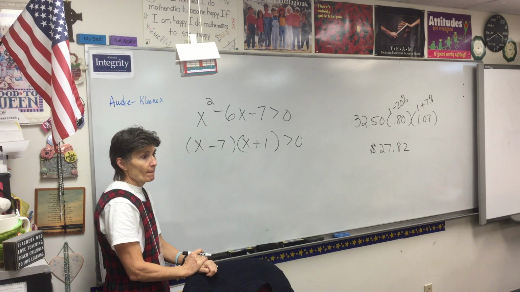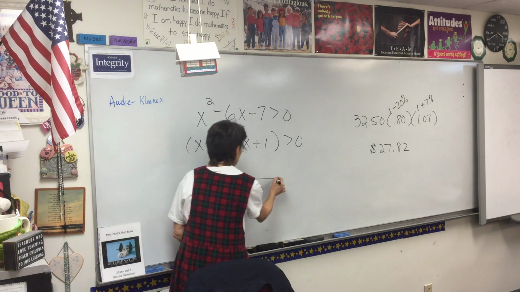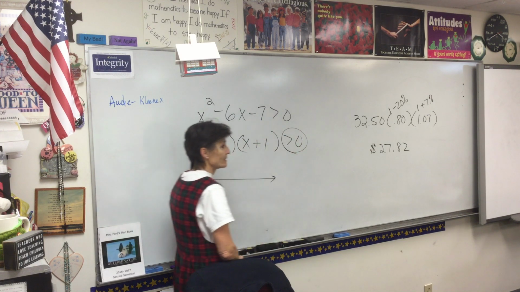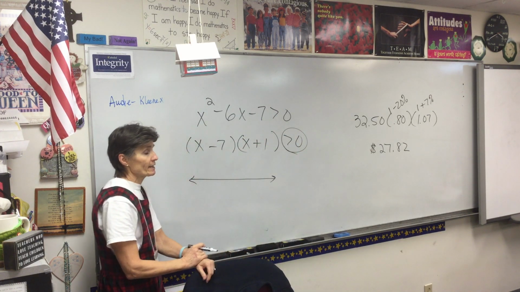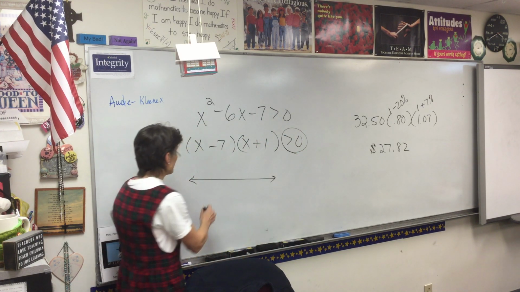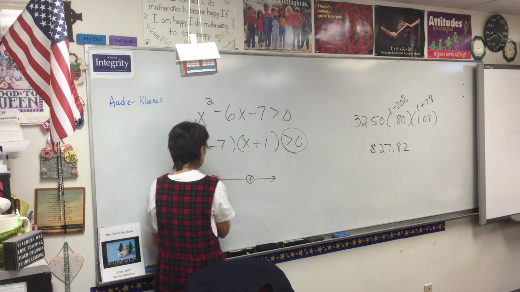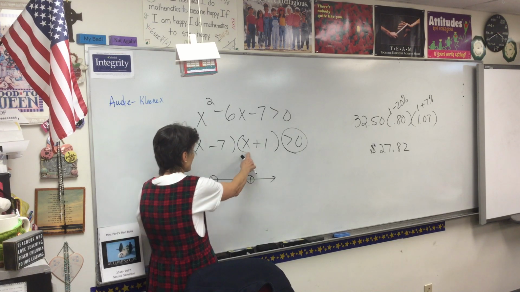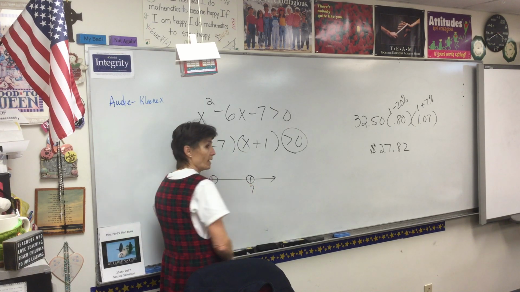Now, I'm going to draw a number line. Every time you have an inequality, you're going to draw a number line. And that number line is going to have 2 open dots on it, at -1 and 7.